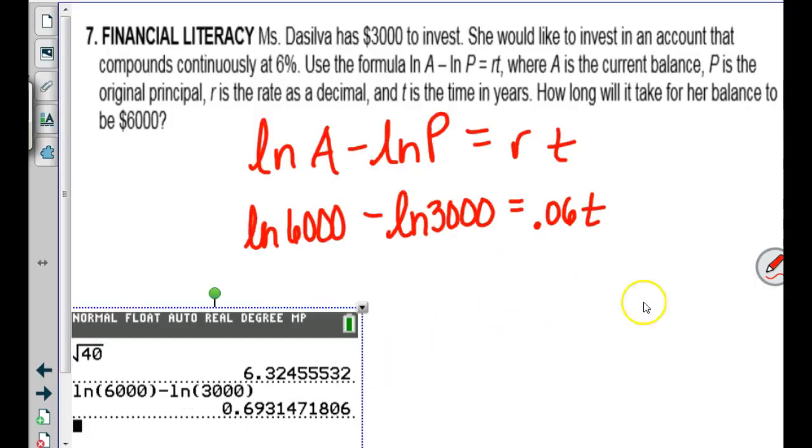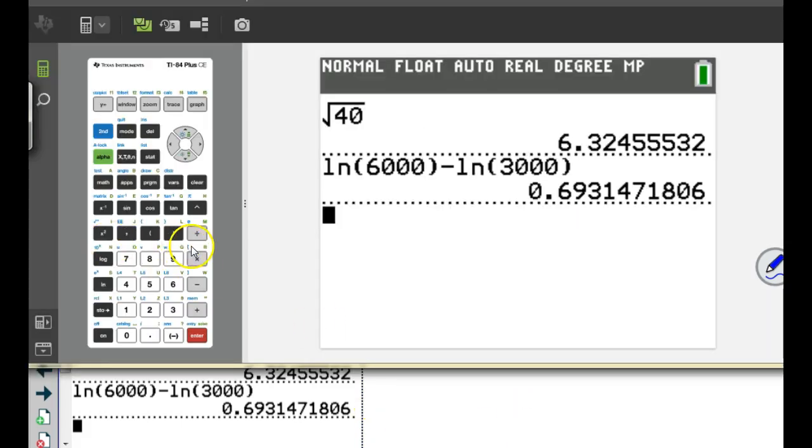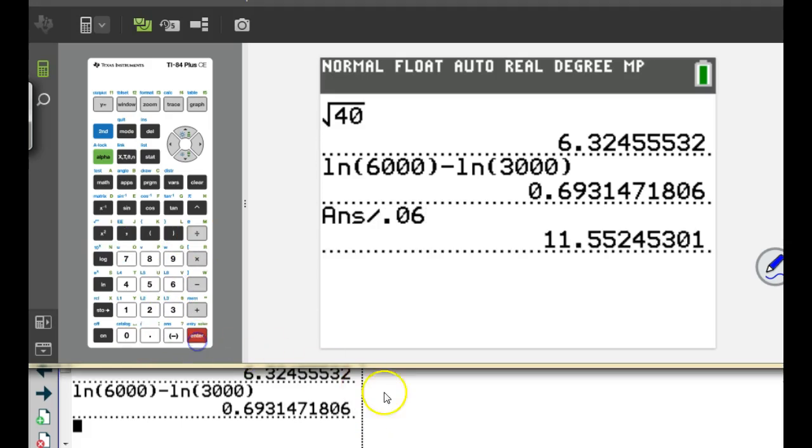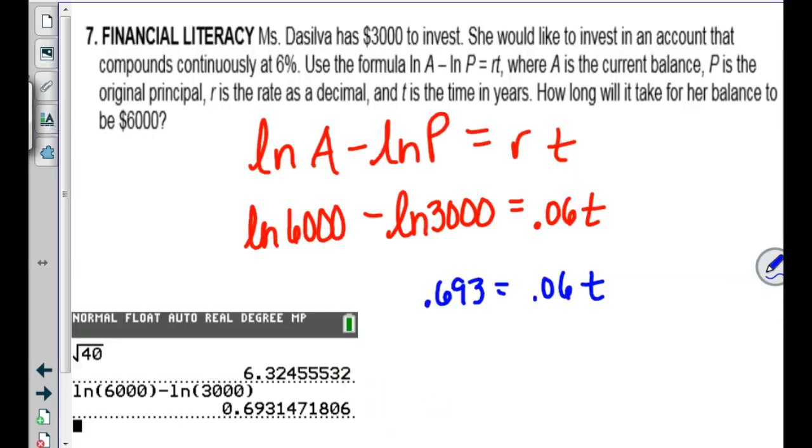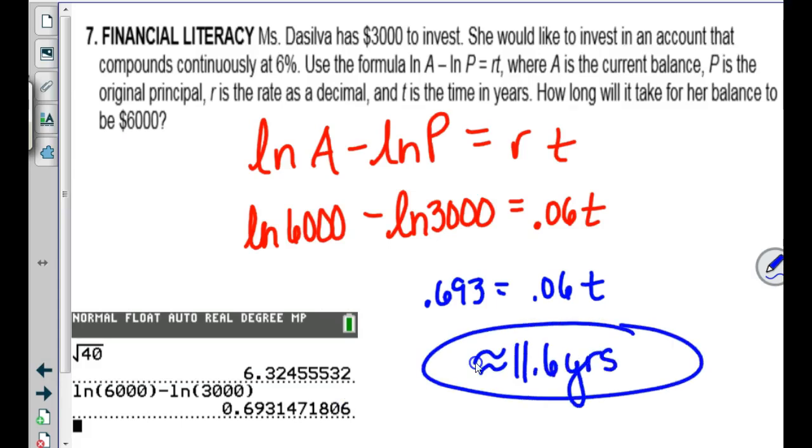And then the rest of the question says, so we have this 0.69 number on our calculator, and how do we finish? Divide, maybe? Divided by 0.06. 11.6 years. Yep.